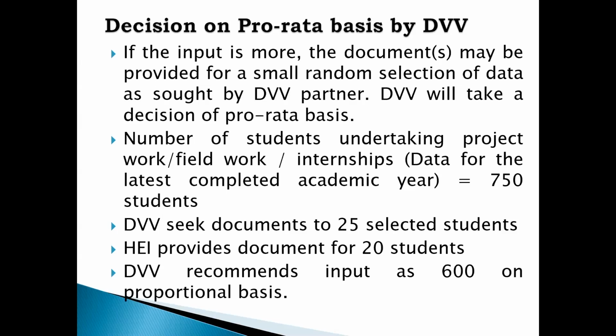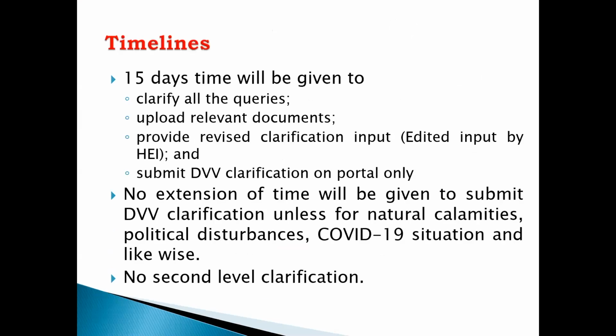The institution has to give the documents for all 25. But if you are able to provide only 20 documents, because 5 were sick and you have provided only 20, then on a pro rata basis the input will be 600 rather than 750, because you have not given the remaining 5 documents. So this is the meaning of pro rata basis by the DVV.